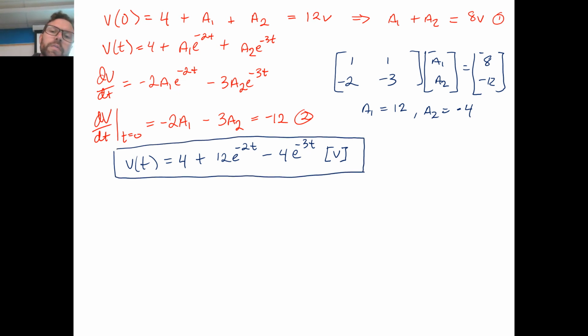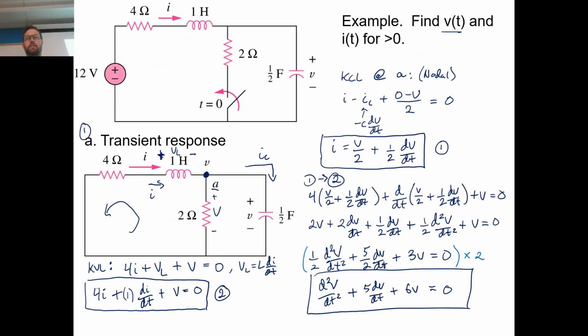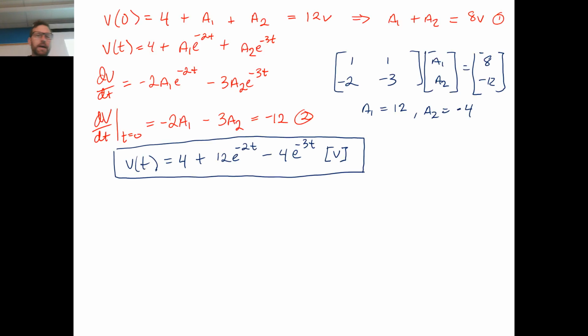And there's the solution to the first part of the problem. It's been asked to find V of t. But you'll recall that we said at the beginning of this lesson that once we found V of t, by one of our first equations, in fact our very first equation, the KCL at node A, I is equal to 1/2 V plus 1/2 the derivative of V. So now that we have the solution for V of t, we can plug into equation 1 on that KCL.